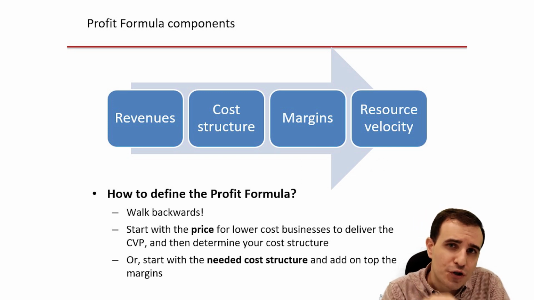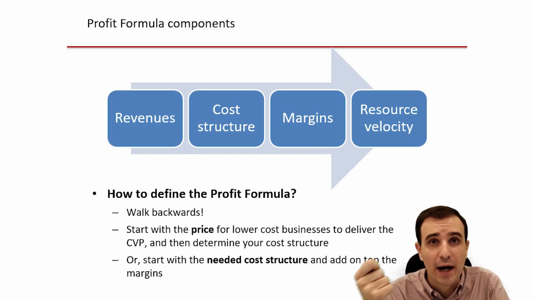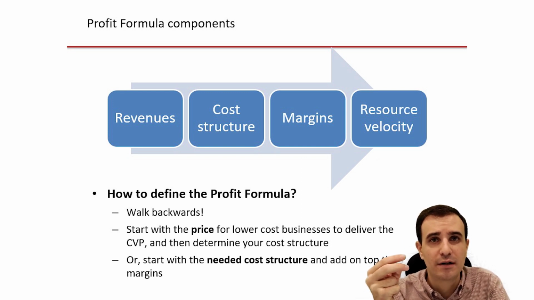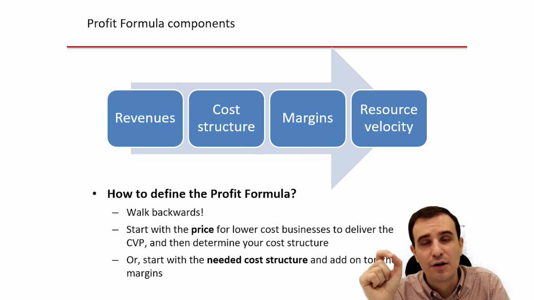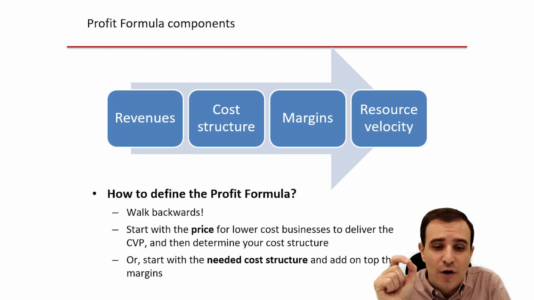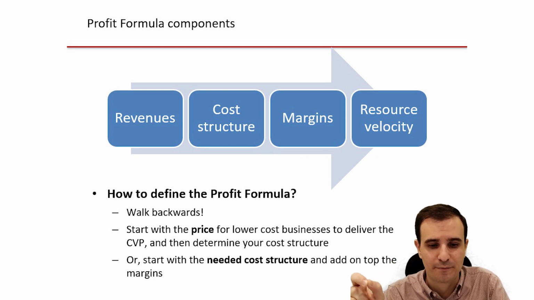So how you determine your profit formula. So you need to work backwards. So there are basically two main alternatives when you want to define your profit formula. So one is you start with a price of lower cost competitors that are delivering the customer value proposition.